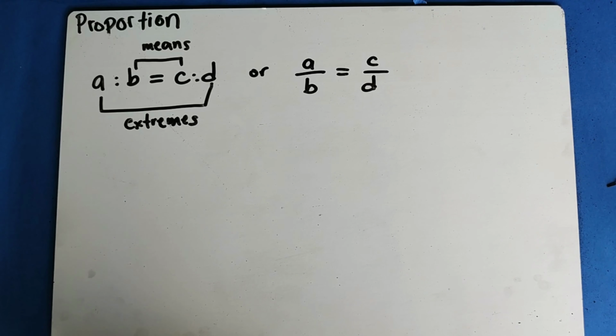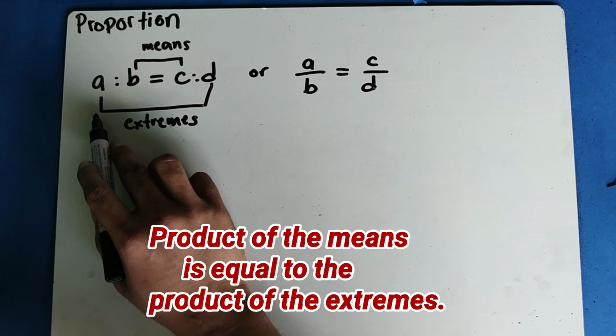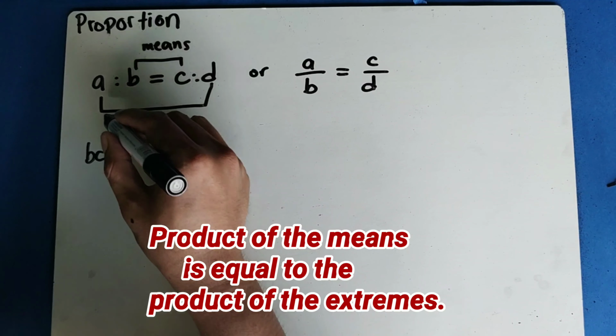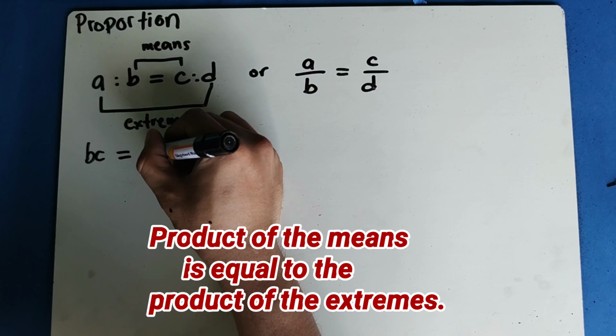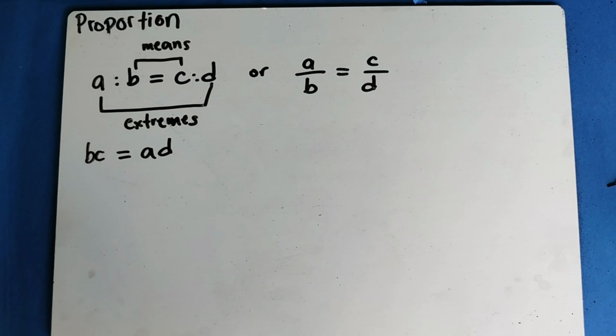Thus, the proportion concept can be stated as the product of the means is equal to the product of the extremes. That is, the product of the means, B times C, is equal to the product of the extremes, or A and D.